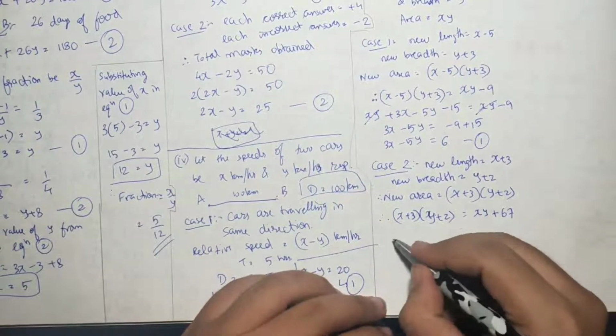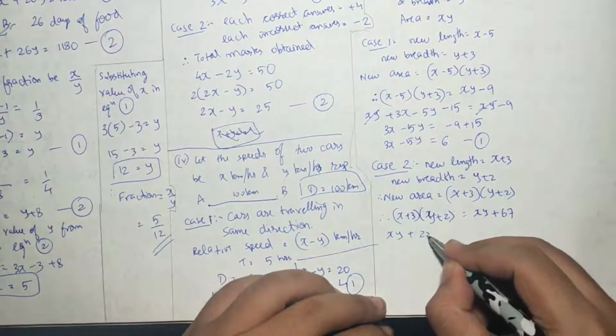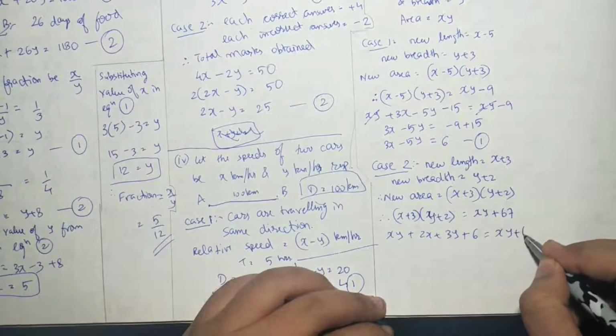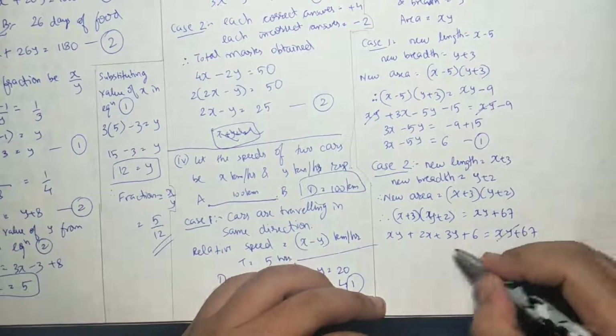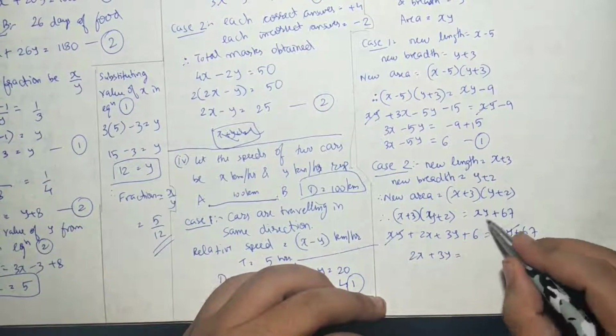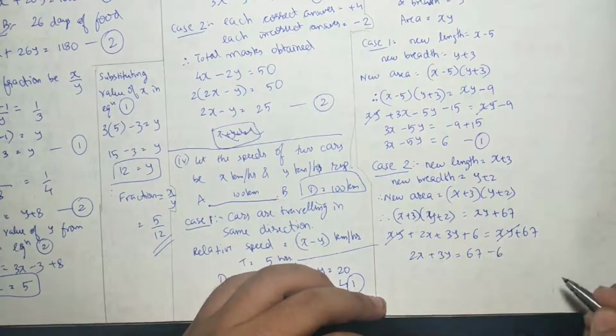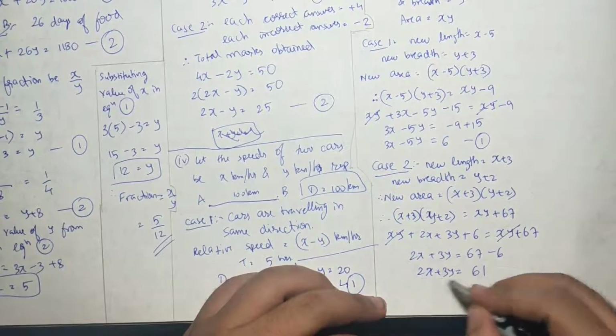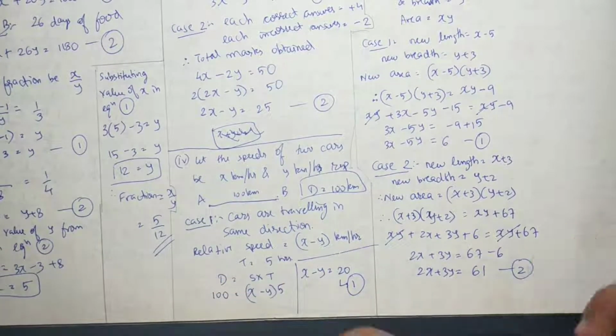Again opening the brackets, xy plus 2x plus 3y plus 6 equals to xy plus 67. This xy will cancel out. So 2x plus 3y equals to, this 6 will go on the other side, that is minus 6. So 2x plus 3y equals to 61. This is my second equation.